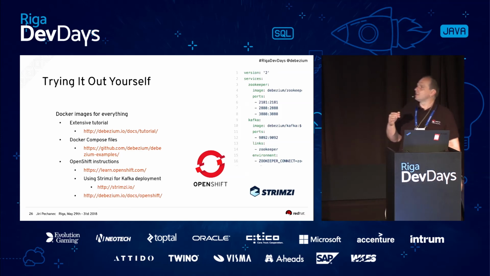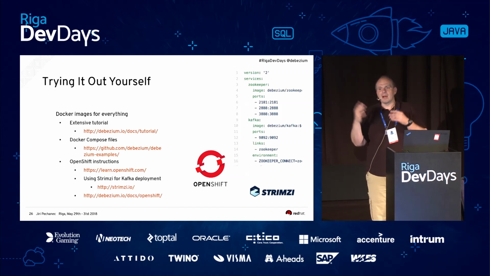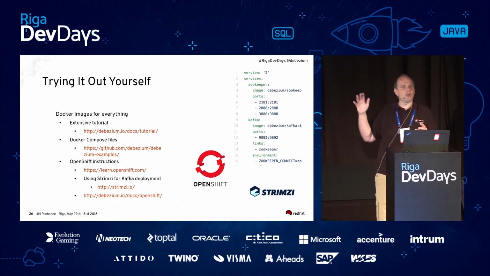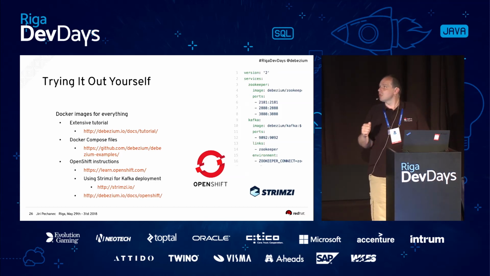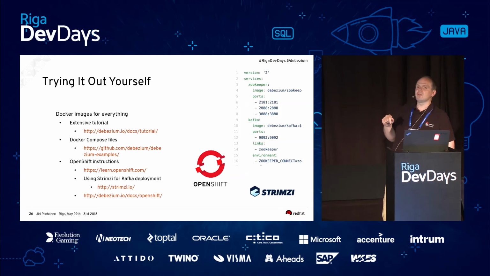Then there is a quite extensive set of compose files that contains examples and typical configuration and deployments for Debezium. Also, we are very friendly to OpenShift, so you can run Debezium on OpenShift. We have prepared a scenario on learnopenshift.com.